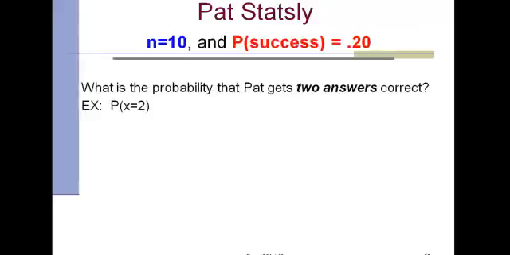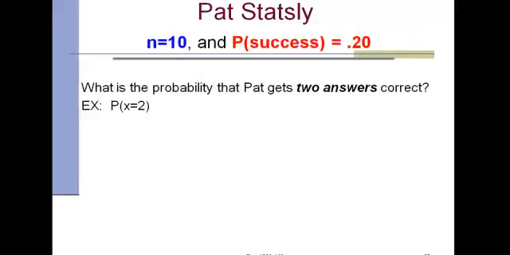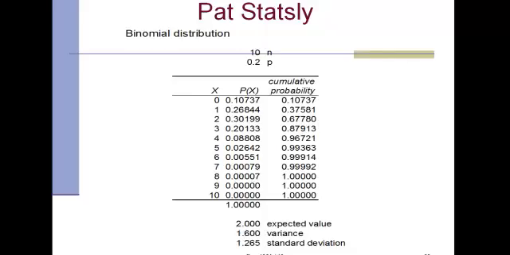In fact, let me go back to that previous slide, since this is asking about exactly 2. Exactly 2 answers would be 0.30199, or there's about a 30% chance that Pat will get exactly 2 answers correct.